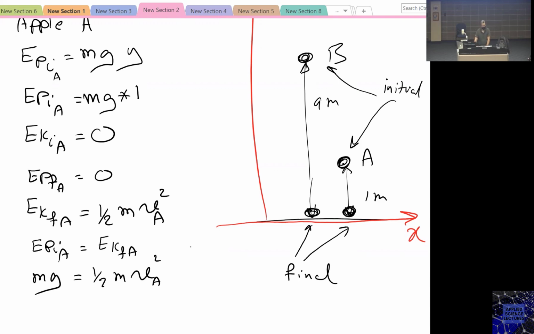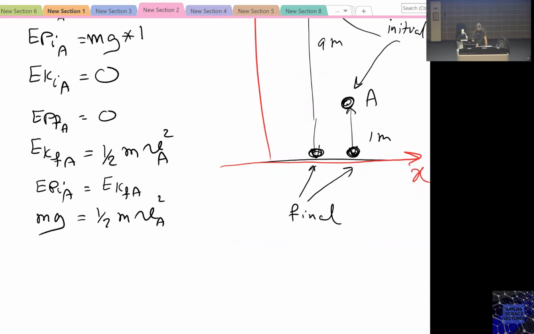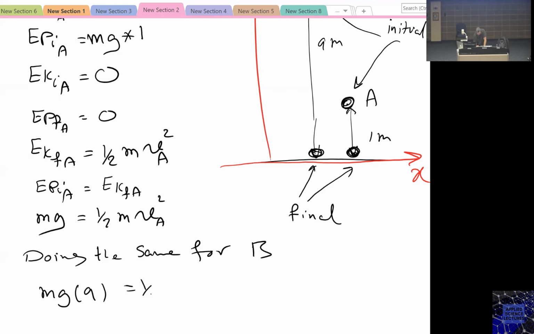Is that right? Now, if I do the same for B, the only difference is the y, right? So doing the same for B, I get mg9 equals to half m vB squared.